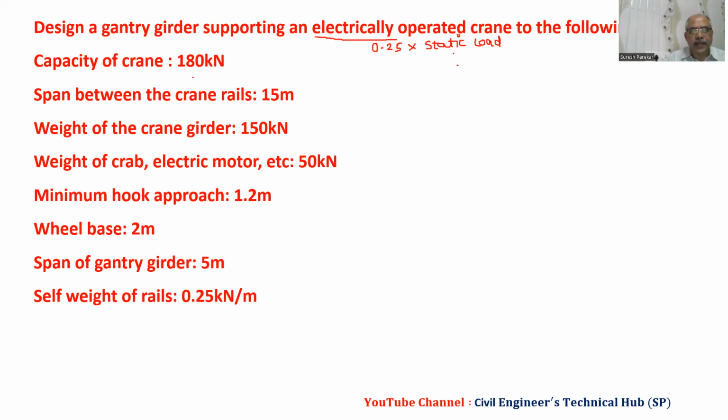Crane capacity is given as 180 kilonewton, distance between rails 15 meter, weight of crane girder 150 kilonewton, weight of crab electric motor 50 kilonewton, hook approach 1.2 meter, wheelbase 2 meters, span of gantry girder 5 meters, and self weight of rails 0.25 kilonewton per meter.